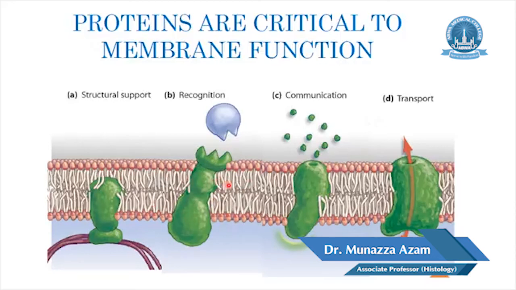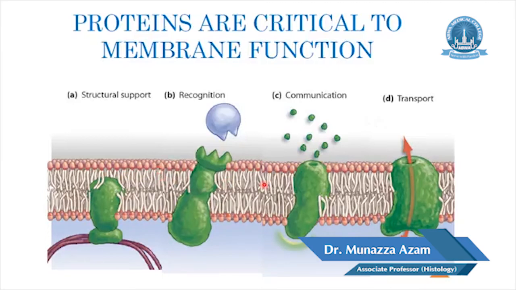Proteins play a vital role in the integrity of the cell membrane, as well as helping in its various functions. They are a basic component for structural support. They play a role in recognition and communication.